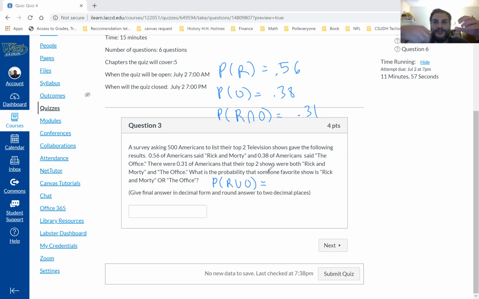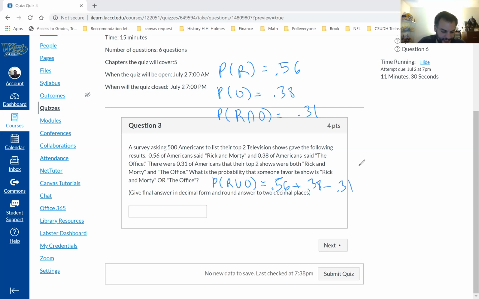For this one, you have to notice that these two events are not mutually exclusive. They share some information, because they told us that some people chose both Rick and Morty and The Office for their top 2. So you have to say the probability of Rick and Morty plus the probability of The Office minus the probability they watch both Rick and Morty and The Office.